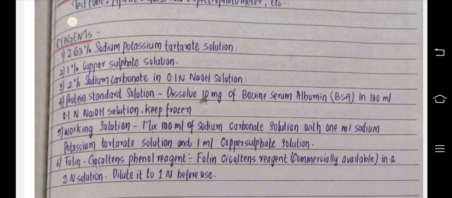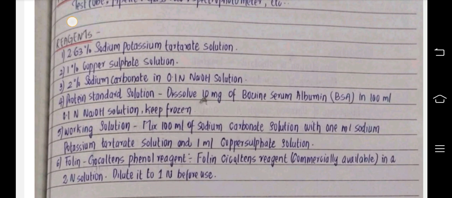Protein standard solution: dissolve 10 mg of bovine serum albumin or BSA in 100 ml of 0.1 normal NaOH solution. Keep frozen. Then working solution: mix 100 ml of sodium carbonate solution with 1 ml of sodium potassium tartrate solution and 1 ml copper sulfate solution, that is acting as the working solution.